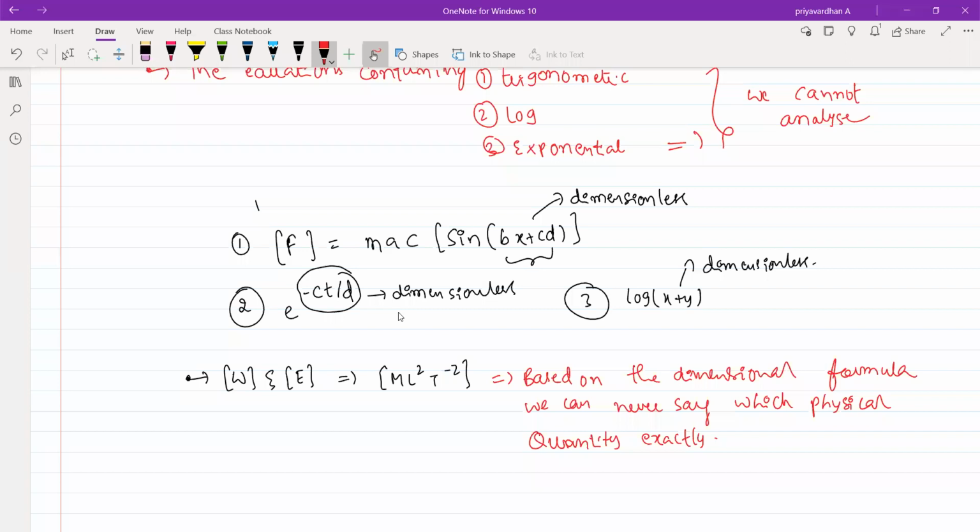And applications of dimension analysis: first, to convert one system of units to another; next, to check the consistency of an equation; third, how one physical quantity depends on another, and based on the dependency, how we can frame a formula; and limitations. All these things we have covered so far.